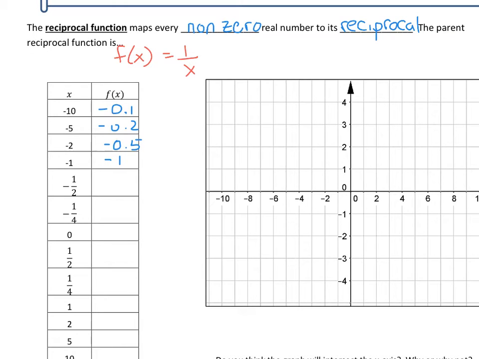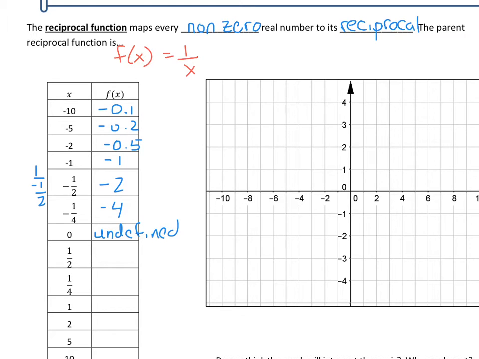Now recall that if I have 1 over -1/2, if I divide by a fraction, that is the same thing as multiplication by its reciprocal, so that'll turn into -2. And 1 over -1/4 is going to give us -4. Of course, we cannot have a 0 in the denominator, so this is undefined here.